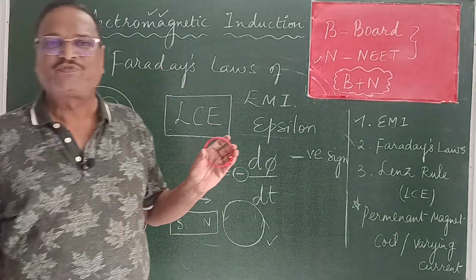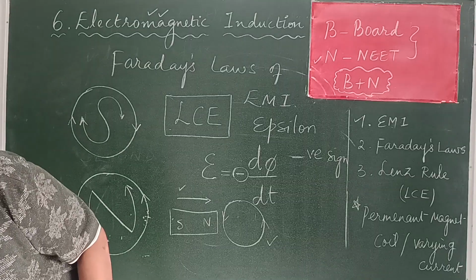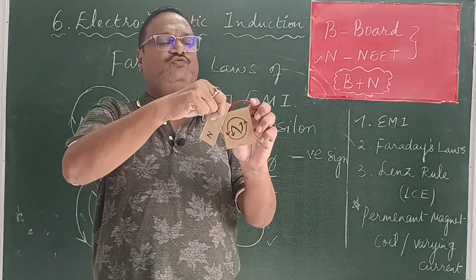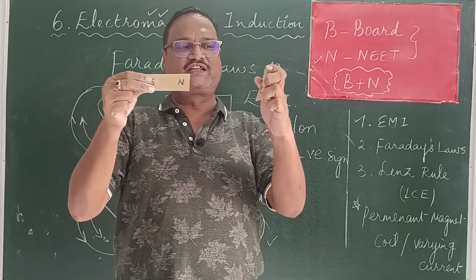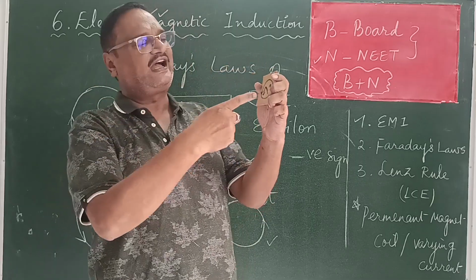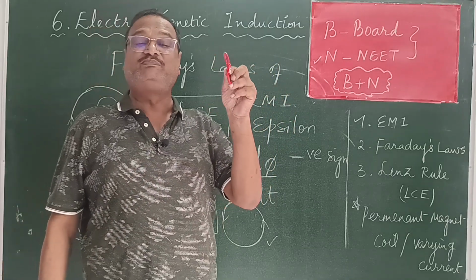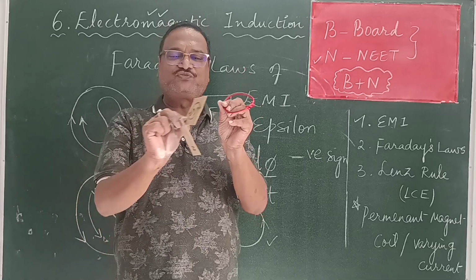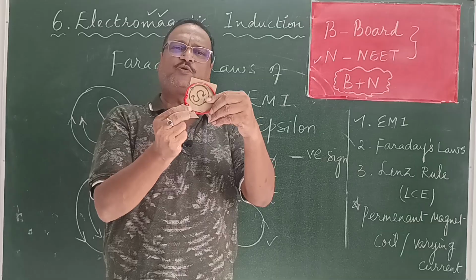Now you see here, right? If I bring north pole here, you will find that this also will be north pole. So if I bring the north pole here, this also becomes north pole. If this becomes north pole, electricity will be induced in the anti-clockwise direction in this loop, current will be induced. If this is the north pole, then opposite to that is south pole naturally.